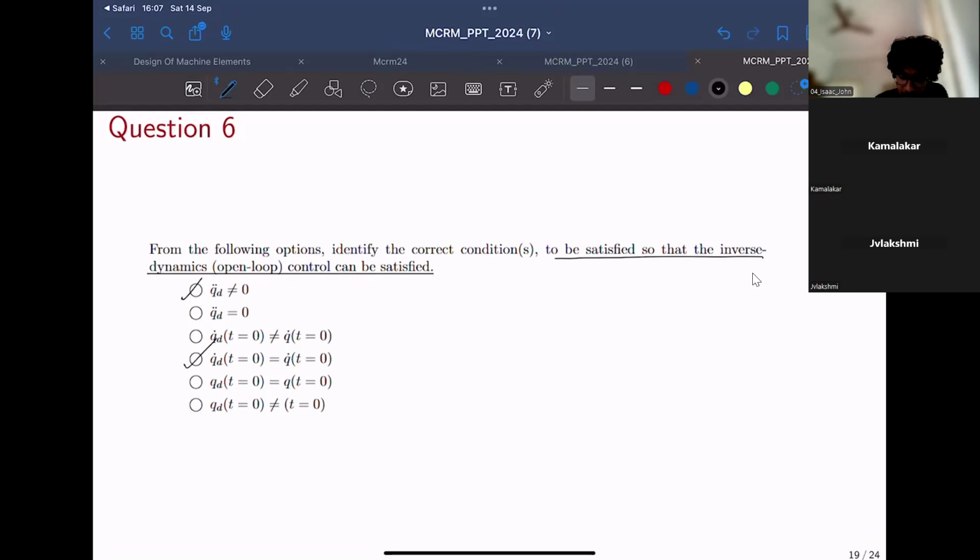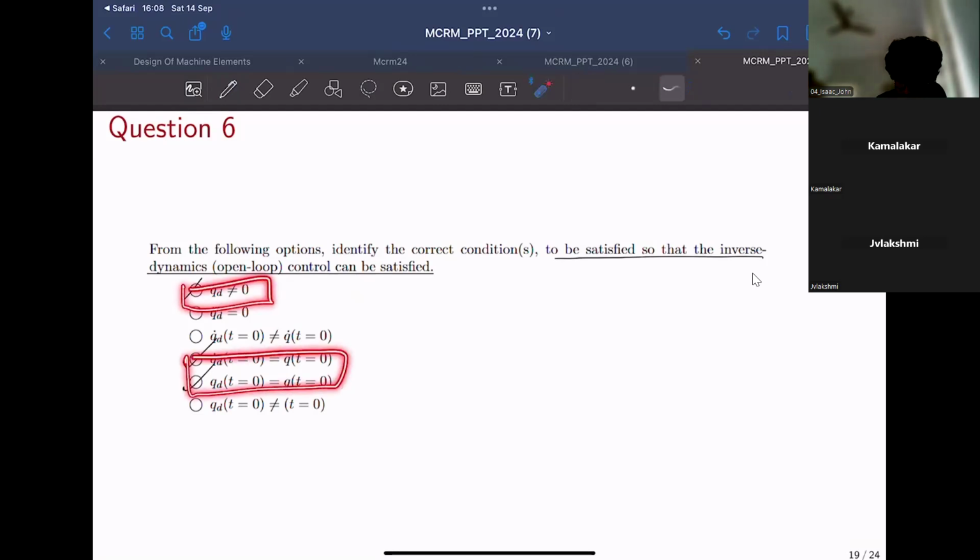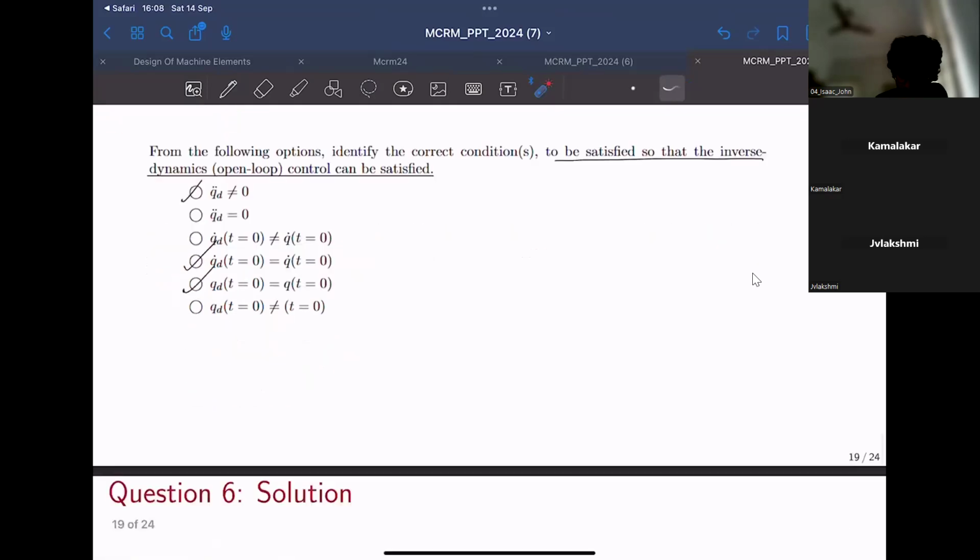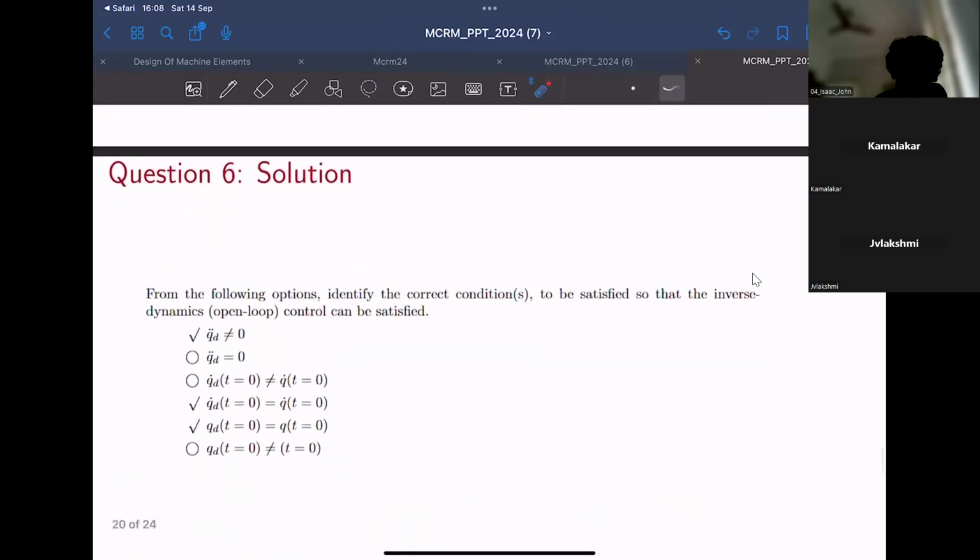And initial desired position and initial actual position should also be equal. So I suppose this is true, and these two are also true for inverse dynamics to be able to work. So I reckon option A and option B and E are wrong. Check the answer. Yeah, isn't it true?